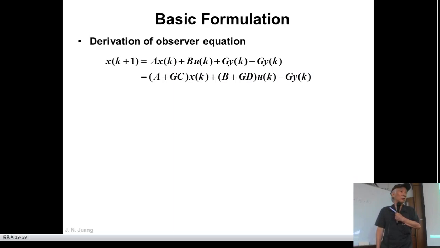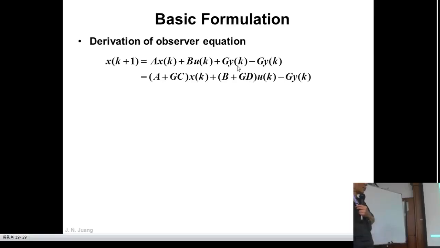Do I? I don't. I did not change my state equation at all. However, I will explain why I want to do this. This G is my observer gain. Later on, this G will be my observer gain matrix.